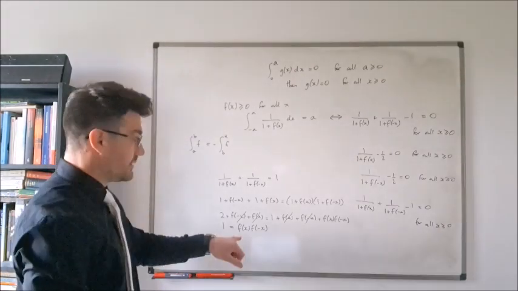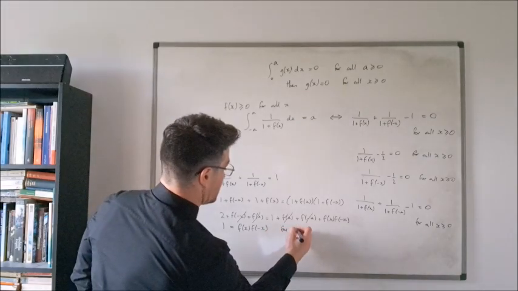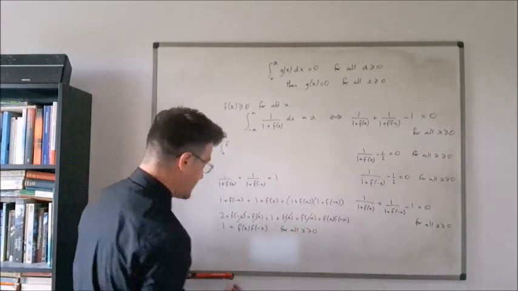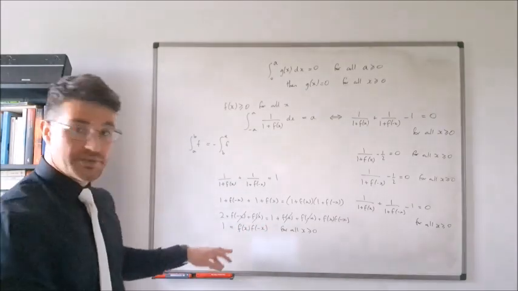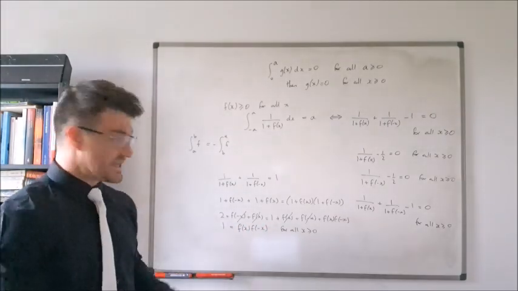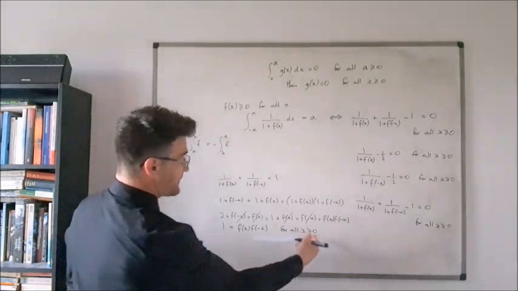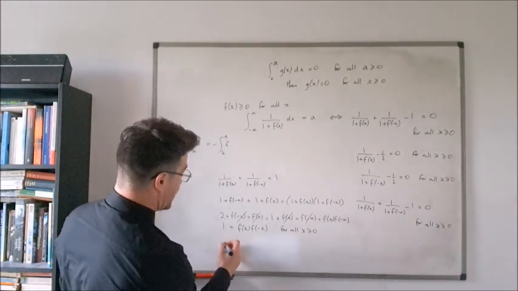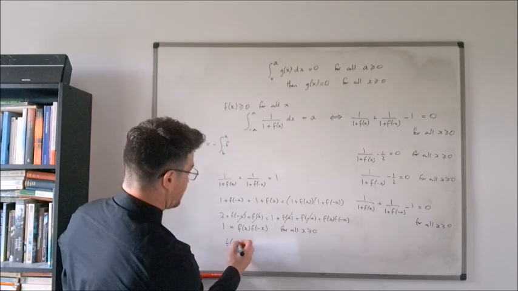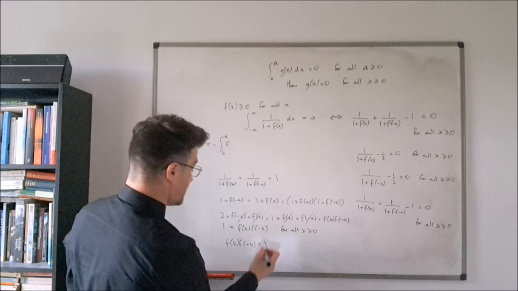This is true for all x greater than or equal to 0. But by symmetry, even if we choose negative values, we're still going to get the same kind of result. So let's say we look at when x equals 4, some positive value, we get that f of 4 times f of minus 4 is equal to 1.